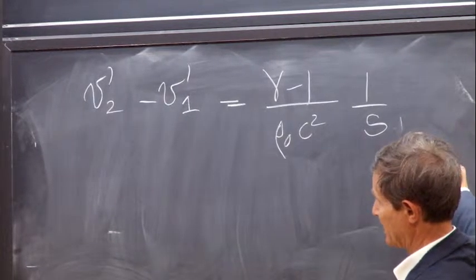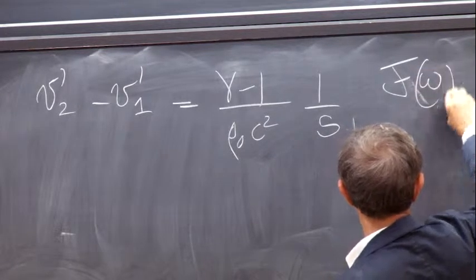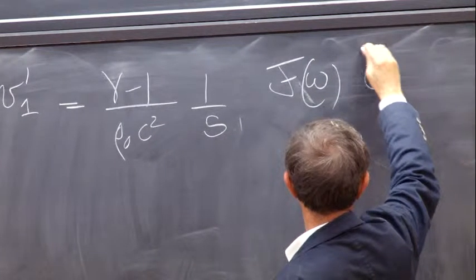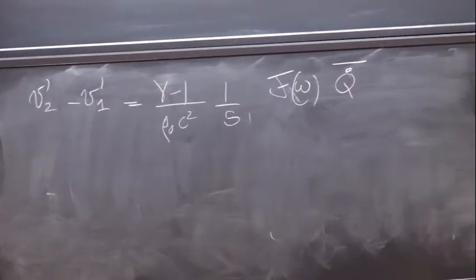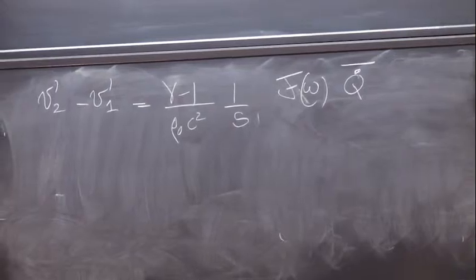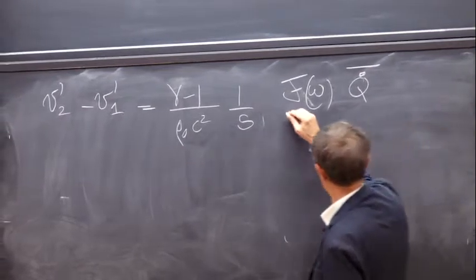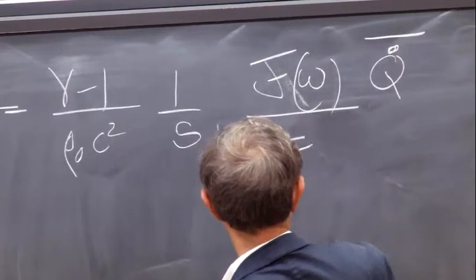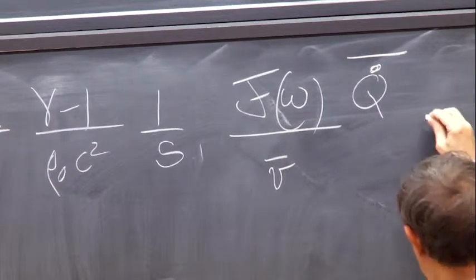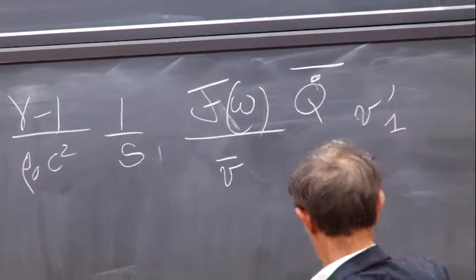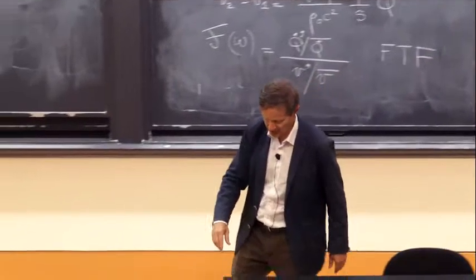We place F of omega here, we multiply by q dot bar, and we have V bar in the denominator here. So that does it, and you have V prime 1 here. So this expression is very useful. In many cases, we can use that.